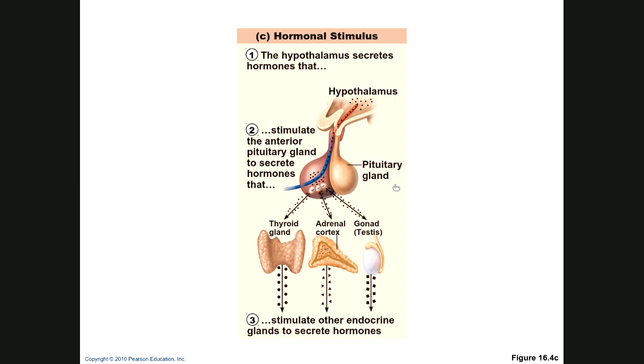Everyone knows immediately when they look at this picture, this is a pituitary gland. Hypothalamus, anterior pituitary, posterior pituitary. So the hypothalamus releases hormones that cause the anterior pituitary to release hormones that affect the thyroid, adrenal cortex, gonads, etc.